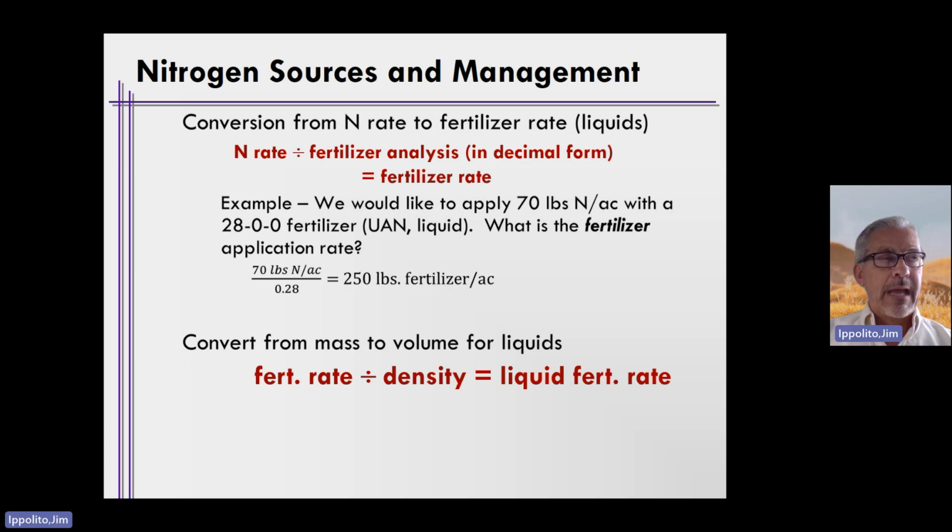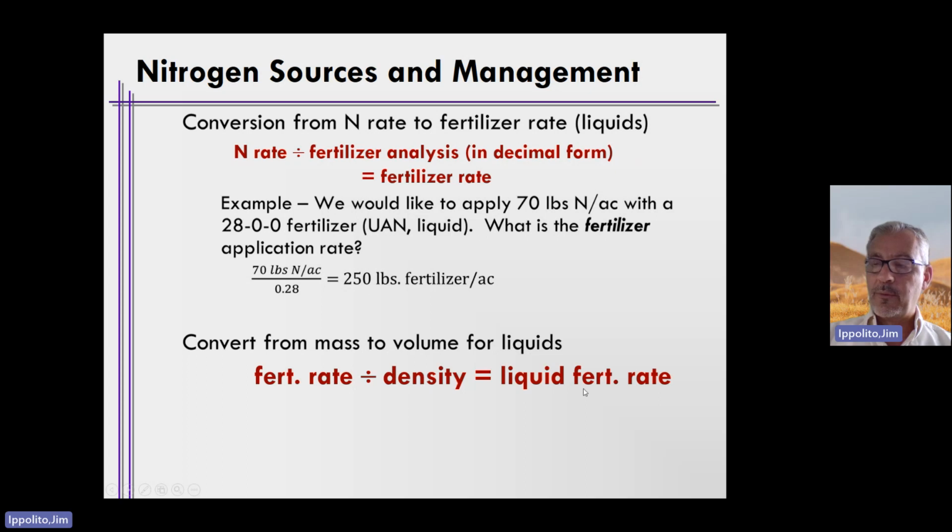How are we going to convert the liquid to a unit that we can actually use and apply? So the second step to convert from mass to volume, like gallons or something, is to take the fertilizer rate divided by the density of the fertilizer.